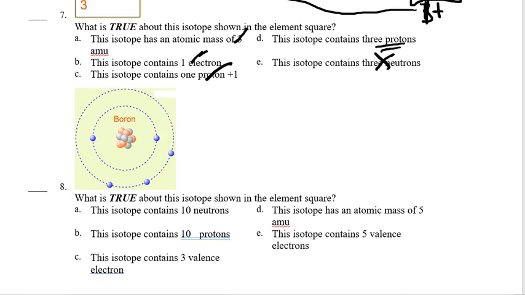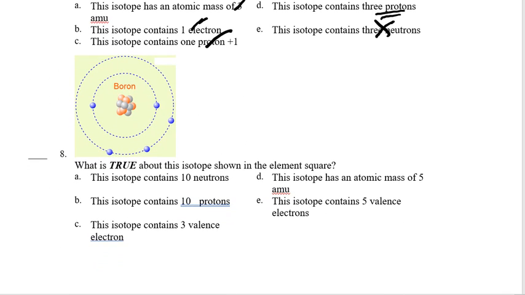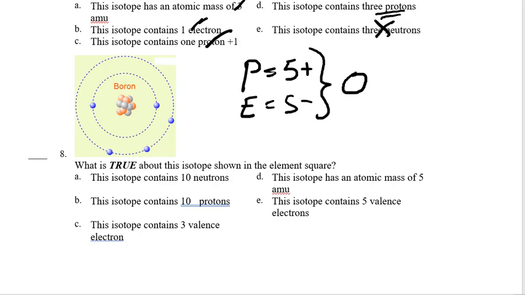Okay, number 8. What is true about this isotope shown in the element square? So obviously it's boron, meaning I must have 5 protons. I see 5 electrons here. So since these are positive charges and negative charges, and they add up to 0, this is a neutral atom here.